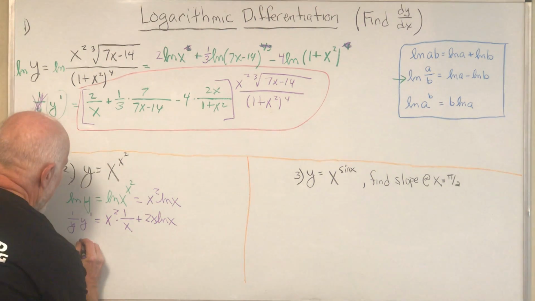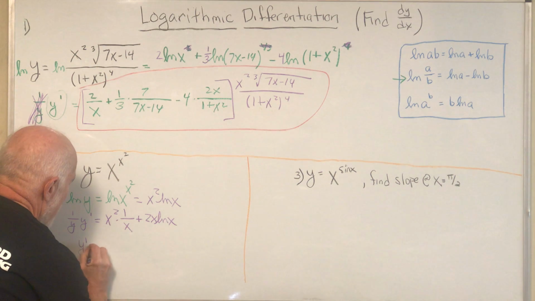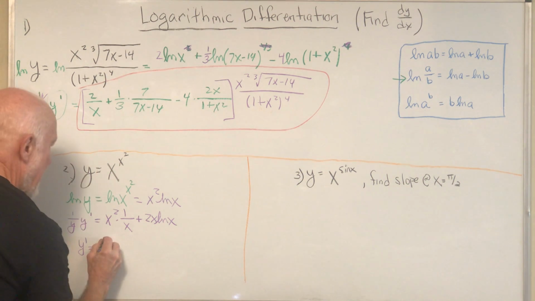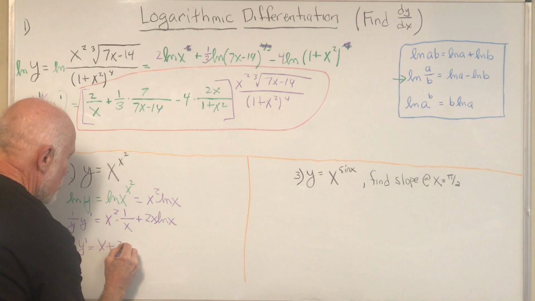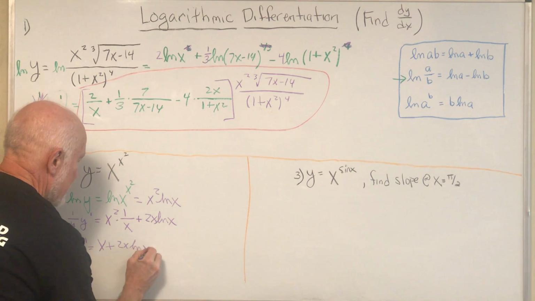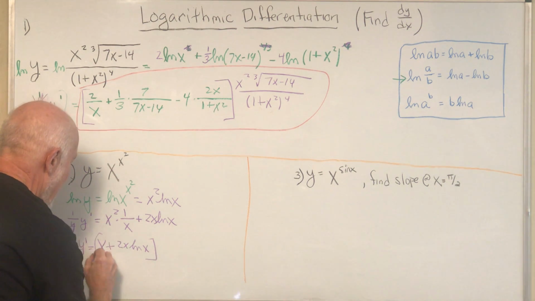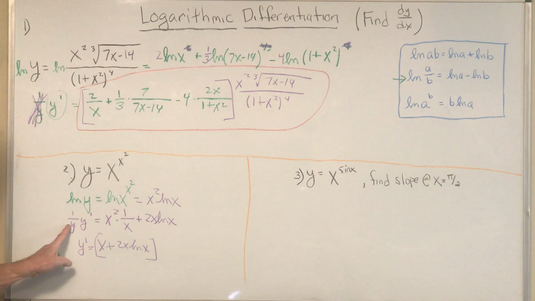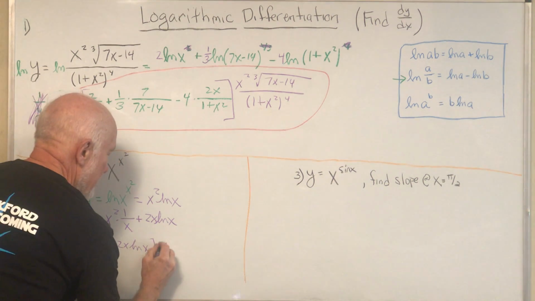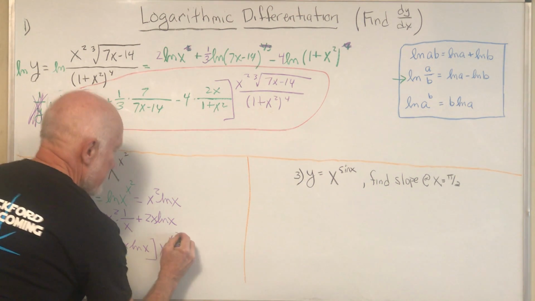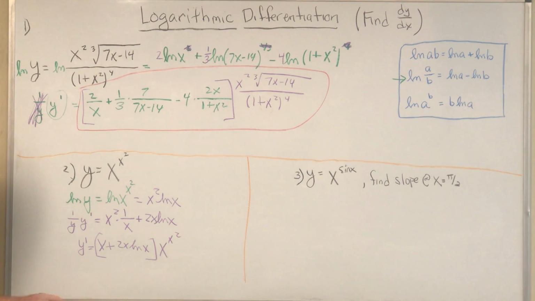So altogether, y prime is x plus 2x natural log of x, all times the original y, which is x to the x squared. And we've done it. If you wanted to find y prime at some point, you would just plug it in.